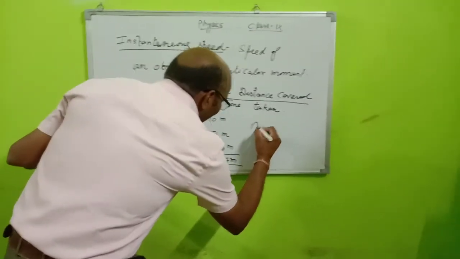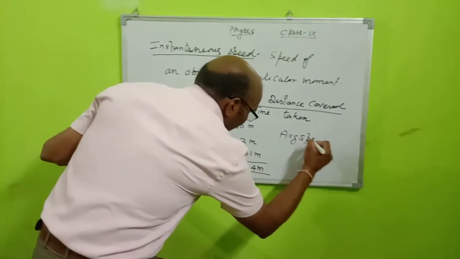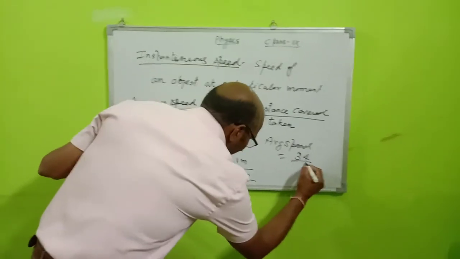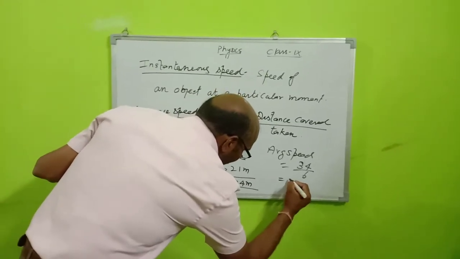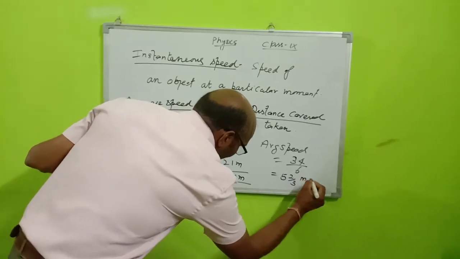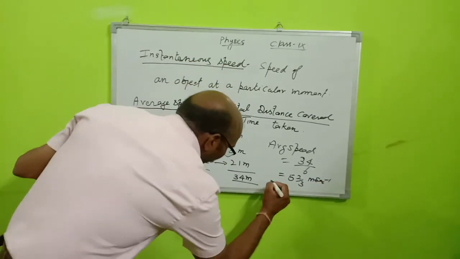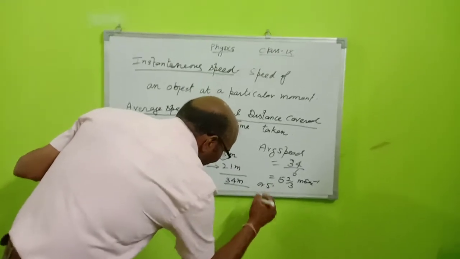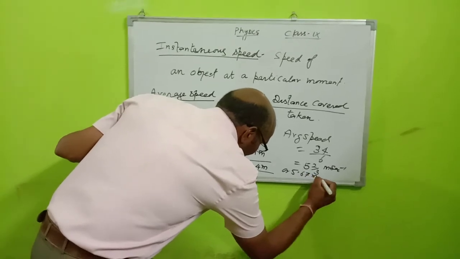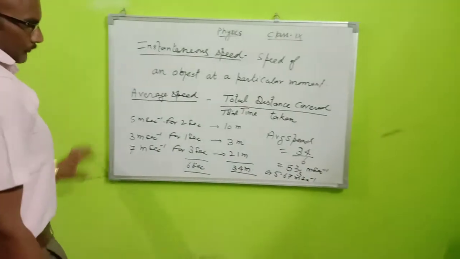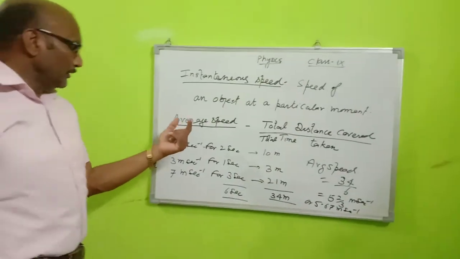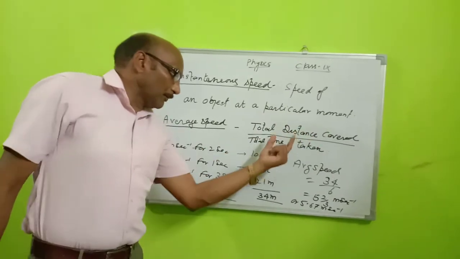So average speed equals 34 upon 6, that is 5 2 upon 3 meter second minus 1, or 5.67 meter per second. This is its average speed. I hope you all have got what the average speed is.